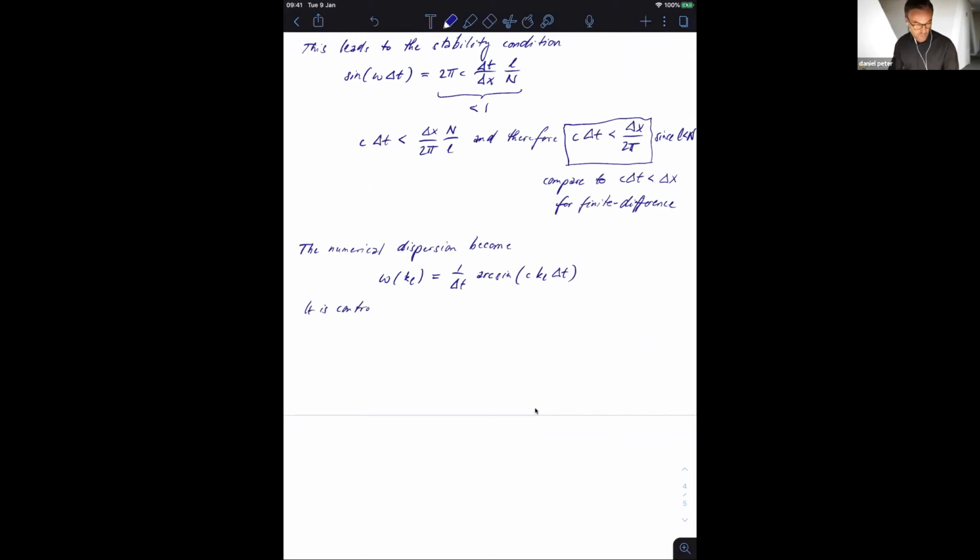So the numerical dispersion is slightly different for a pseudo-spectral method than for, let's say, a finite difference method. It is controlled by delta t, compared to finite difference schemes where the numerical dispersion depends on both delta t and delta x.